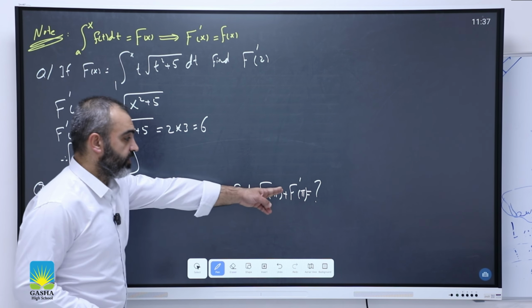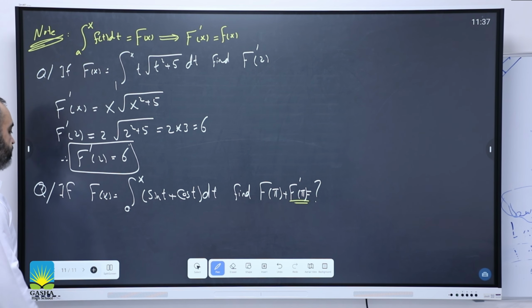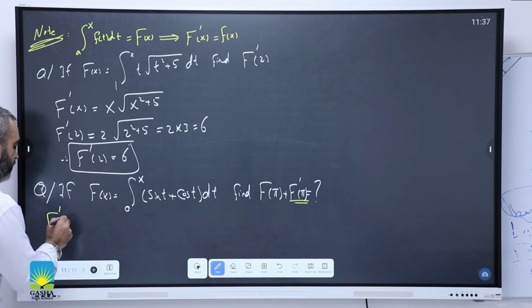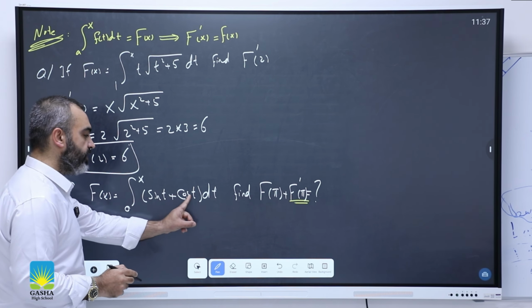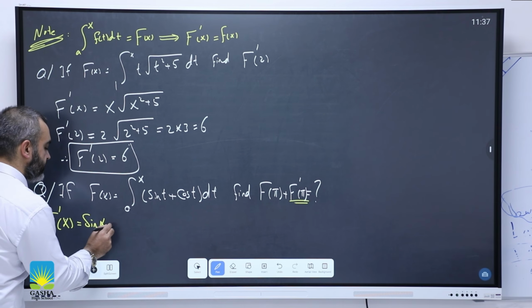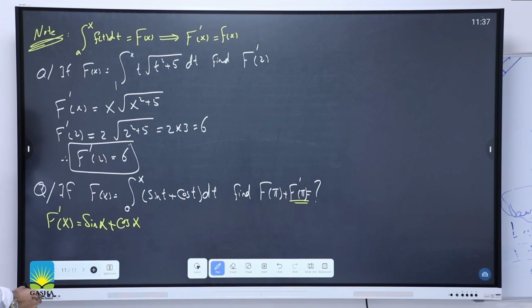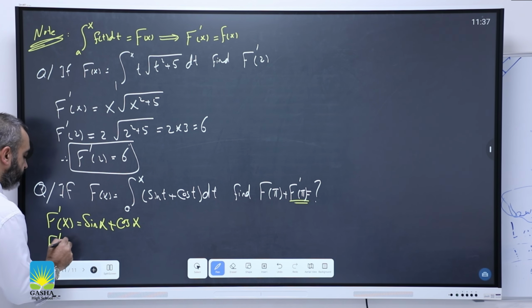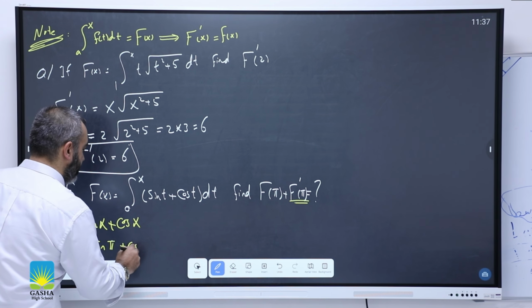What about f prime? First, we go to the easiest idea. F prime of x equal to, we change the letter t into x. Sine x plus cosine x, right? It's easy. So f prime of pi equal to sine pi plus cosine pi.